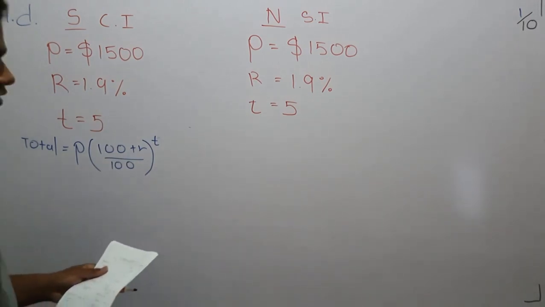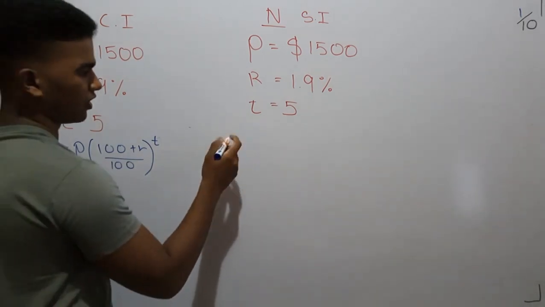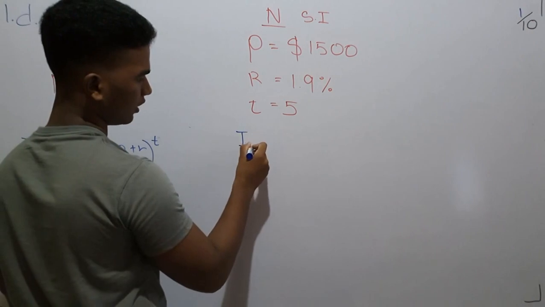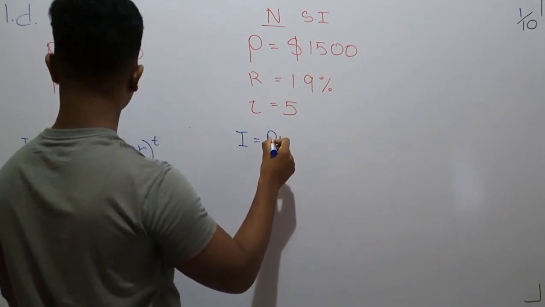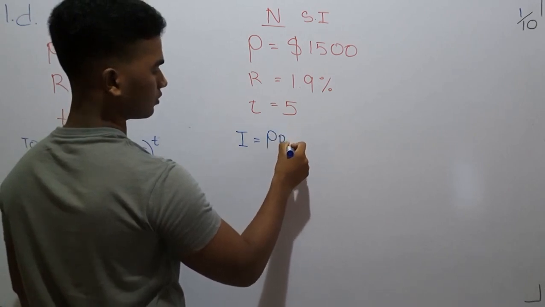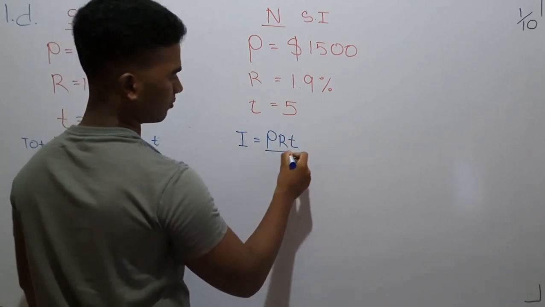Now simple interest just gives the interest value. So interest value only, I equals P R T divided by 100.